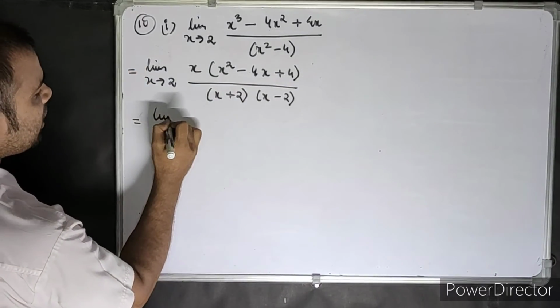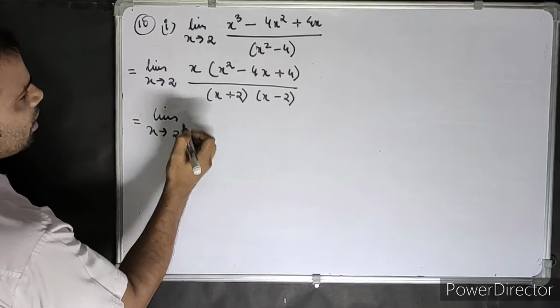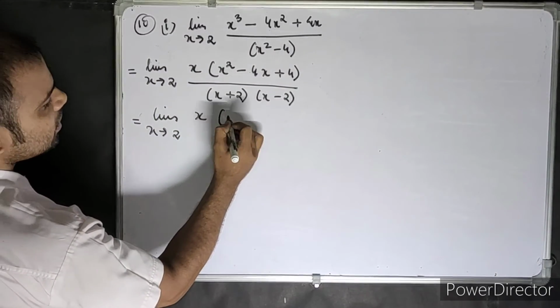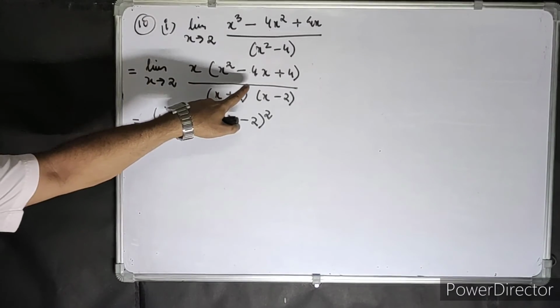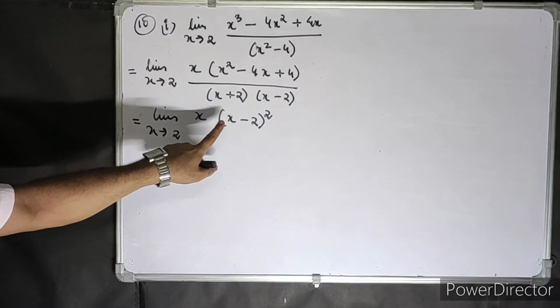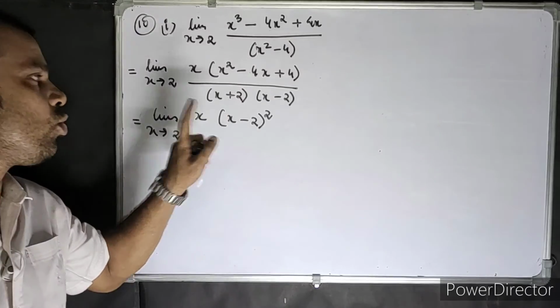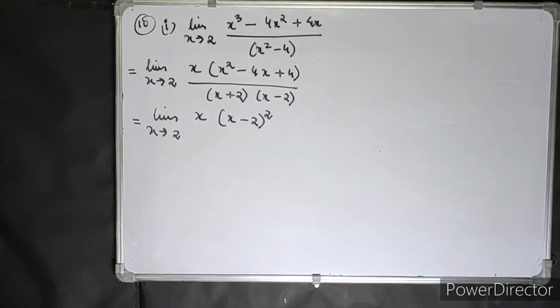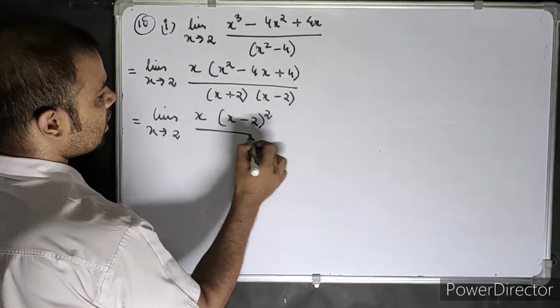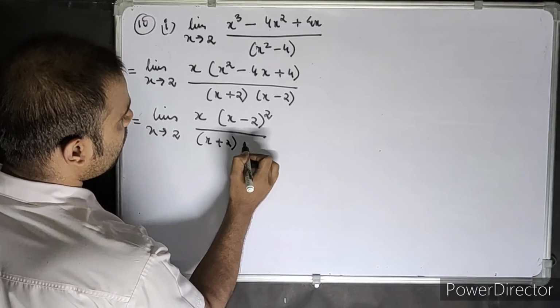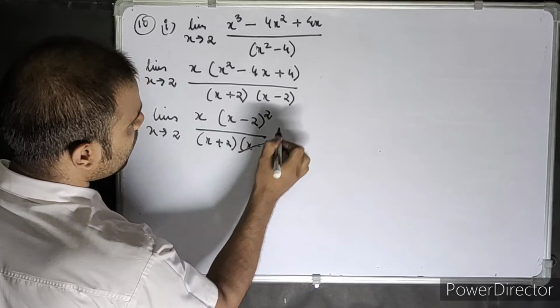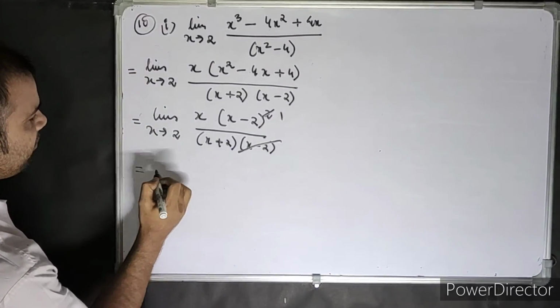Now from there you can understand what type of formula the top one is. That is (x minus 2) whole square. See, a square minus 2ab is 2 into x into 2, that is 4x, and b square is 4, because there is a minus, so this is (x minus 2) whole square. (x minus 2), cut it out, one of them is left.